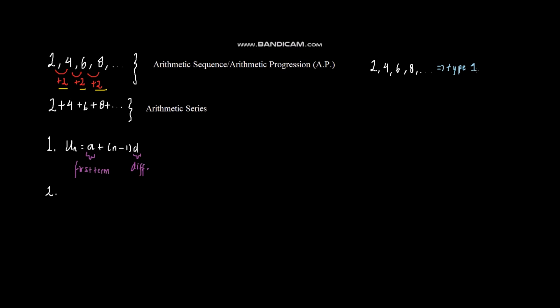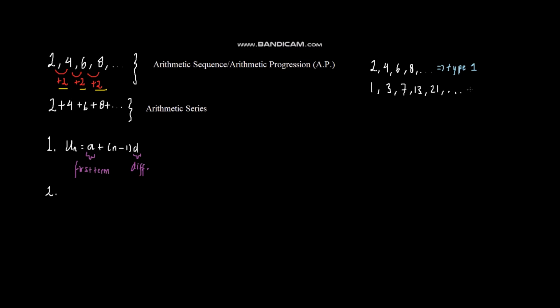Now what about a type 2 sequence? A type 2 arithmetic sequence would look something like this: 1, 3, 7, 13, 21, and so on. How do we know that this is type 2?